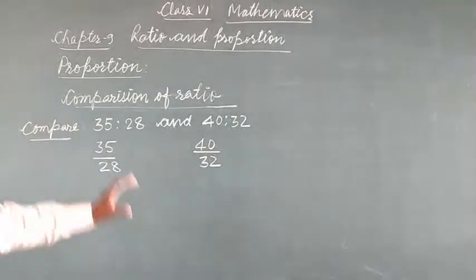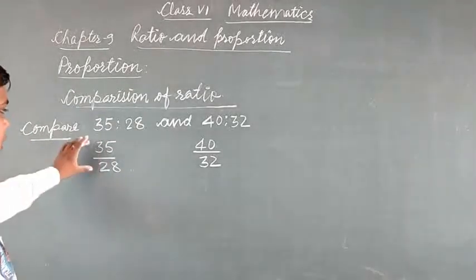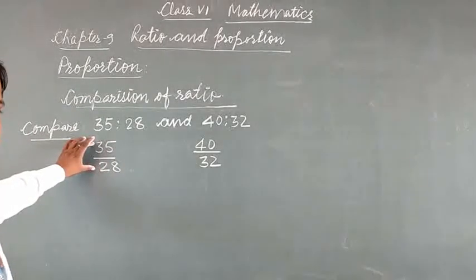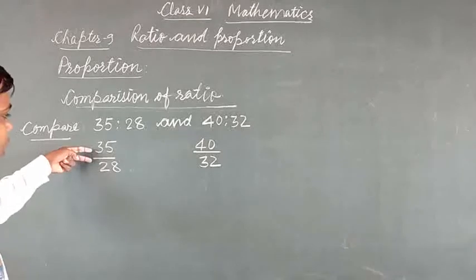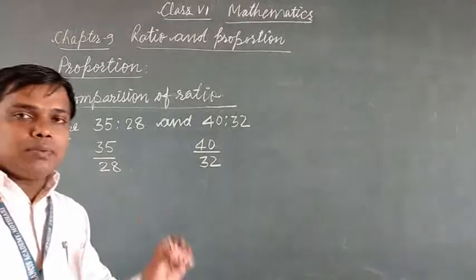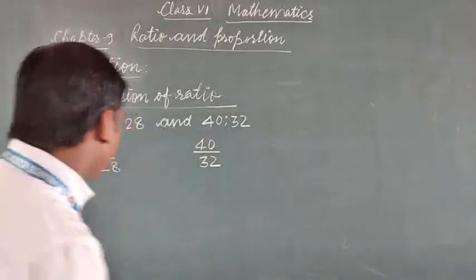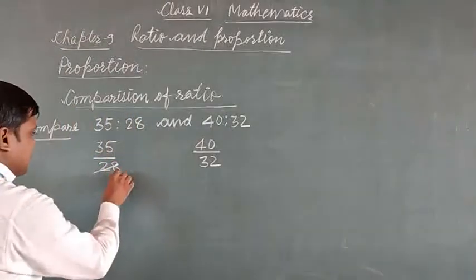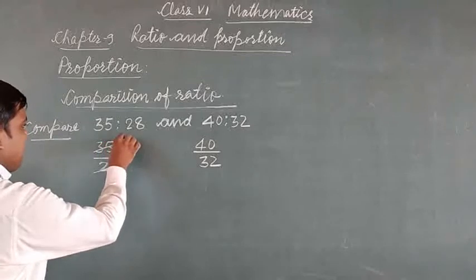We are seeing that these two ratios are not in standard form or in simplest form. So first of all we have to write the simplest form of the ratio. 7 fours are 28, 7 fives are 35.